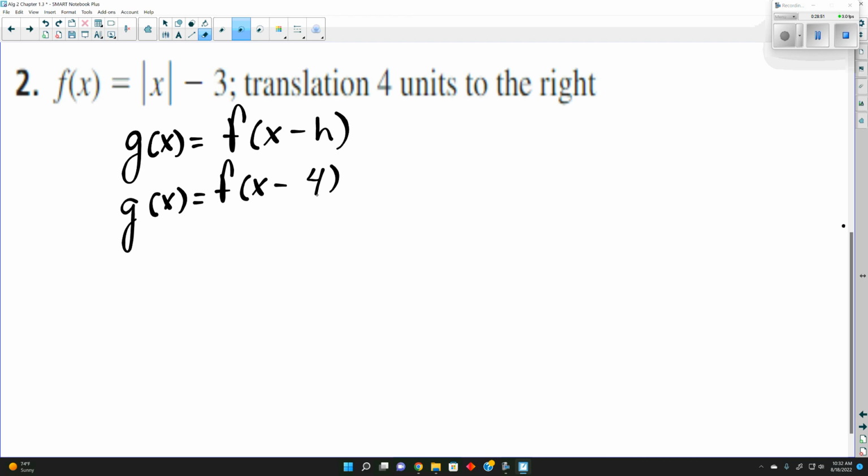When we're describing the left-right transformation, then it is the opposite of what we think. But when we plug in its h value, it's just 4 if it's to the right. If it was to the left, then we would plug it in as negative 4. Because then that negative and negative would make it.